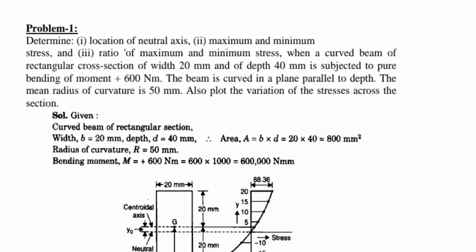Before we start the problem, keep in mind that especially in the case of a curved beam, we have two types of problems. One is based directly on standard cross sections, that is rectangle, circular, triangle, maybe a T section, I section. So that is one method of problem.